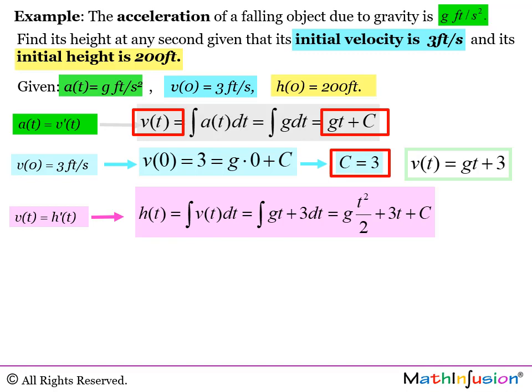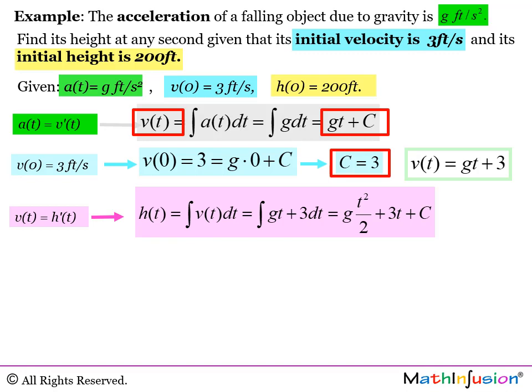We will use the power rule for the first part, and we will get g times t to the power of 2 over 2, and the integral of 3 dt is 3 times t. And we get that h of t is g times t to the power of 2 over 2 plus 3 times t plus c.